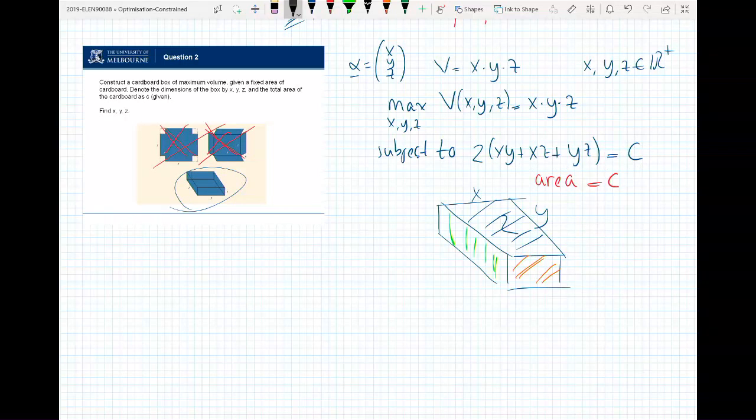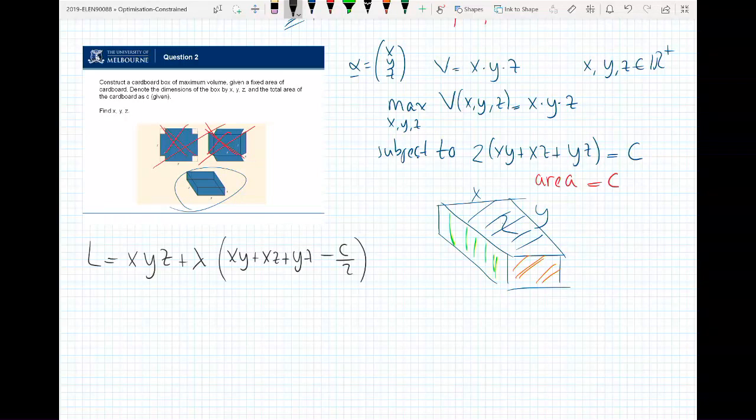So we write the Lagrangian, which is the objective, xyz, plus lambda, there is only a single constraint, so there is a single lambda, times, if I write it this way, xy plus xz plus yz minus c over 2. Right? I can divide by two.